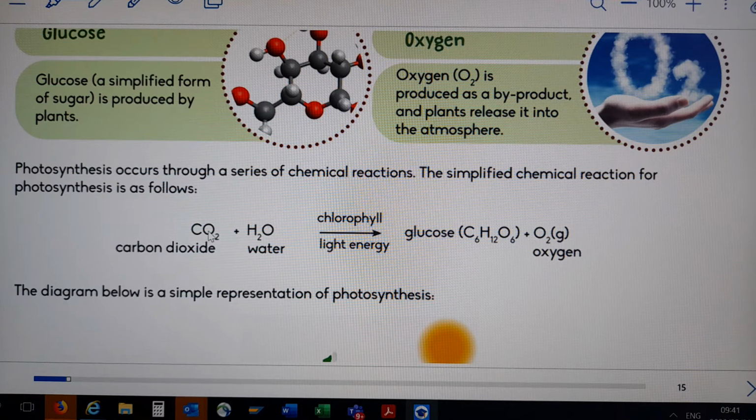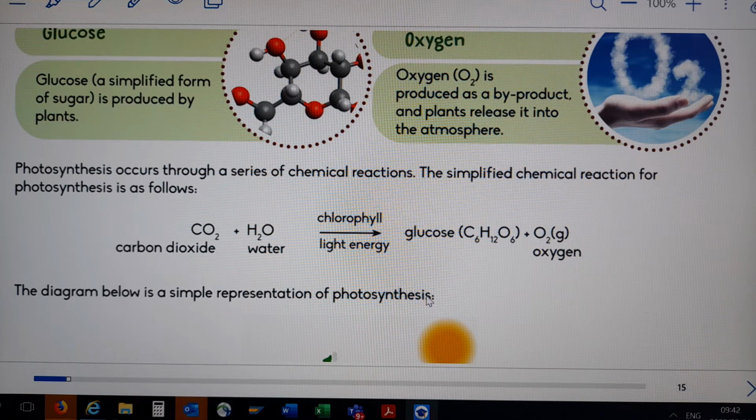These formulas that we see, we call them chemical formulas, and oxygen is O2. And you can see that they put the state of matter for oxygen, that it is a gas.